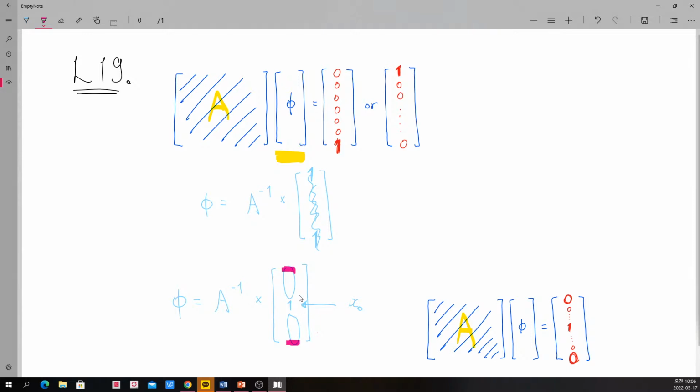And in the case of this green function, now this non-zero value occurs in bulk node, not the boundary node.